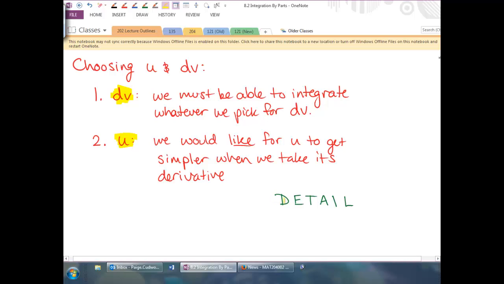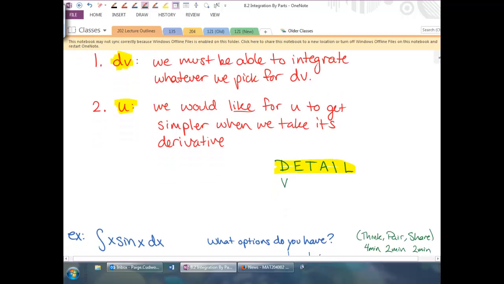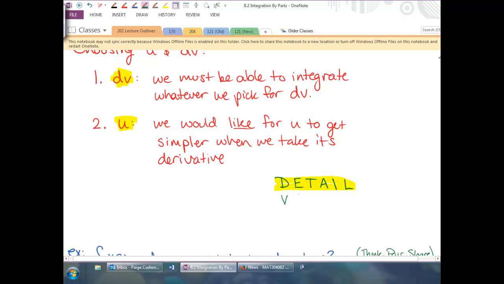There's also this acronym, ILATE, which basically says that whatever you pick for dv should be these pieces in order of preference, I guess. So the first one is exponential, the second one is trig, the third is algebra, so that would be like powers of x and things like that.